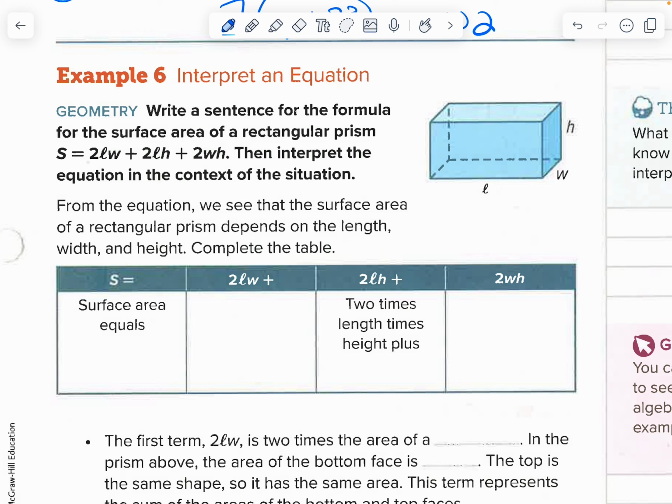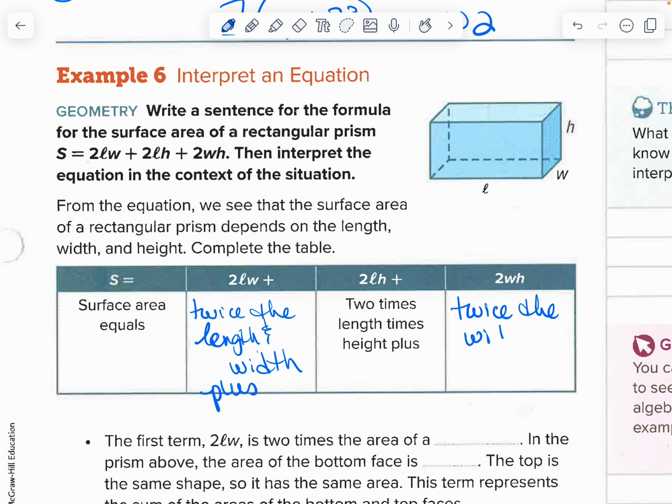So, twice the length and width, plus twice the width and height.